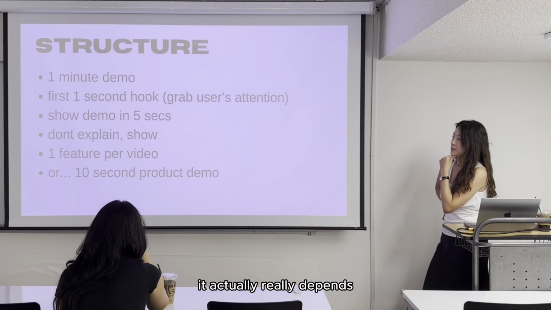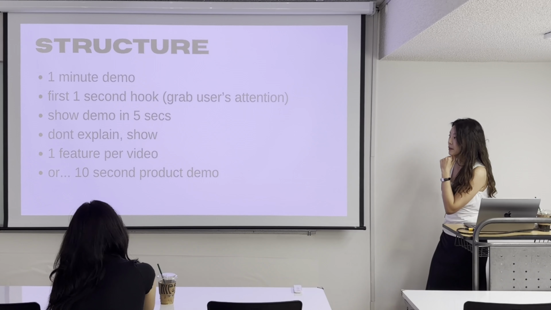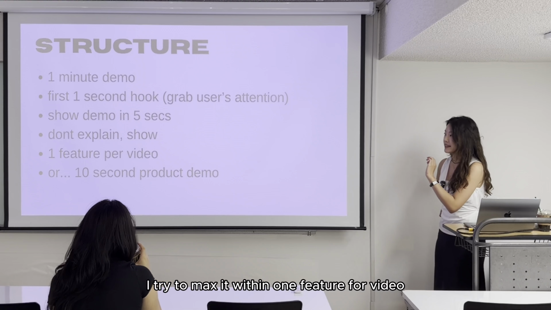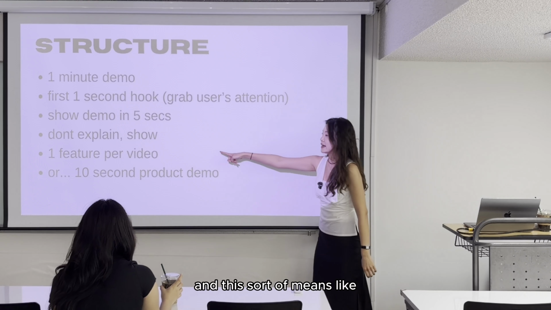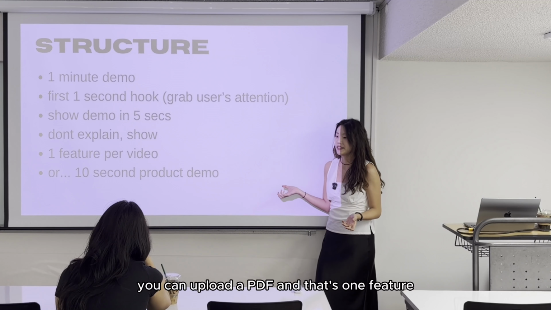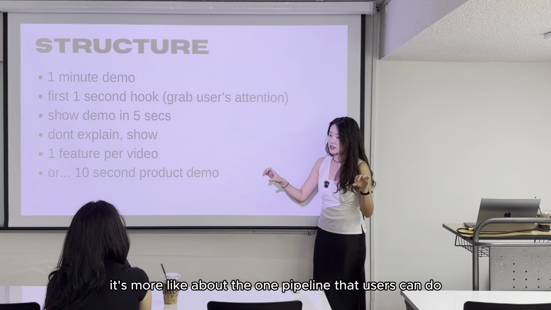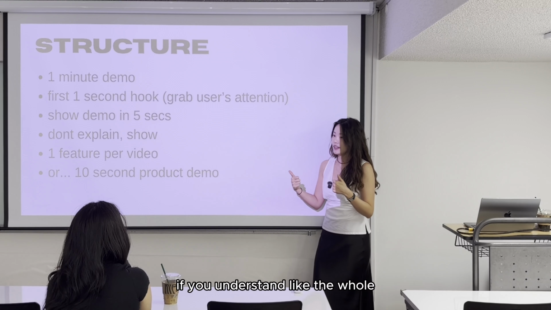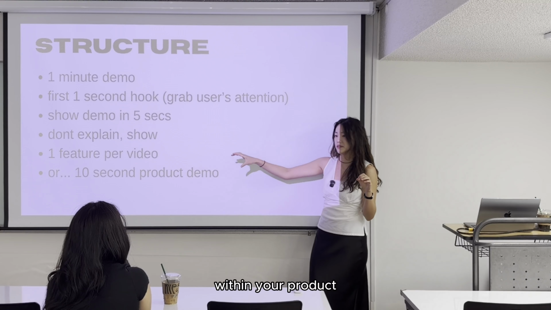It actually depends on how much you want to show about your product, but usually I try to max it at 1 feature per video. That doesn't mean, oh, you can upload a PDF and that's 1 feature. It's more about one pipeline, the whole flow of what your customer can do within your product.